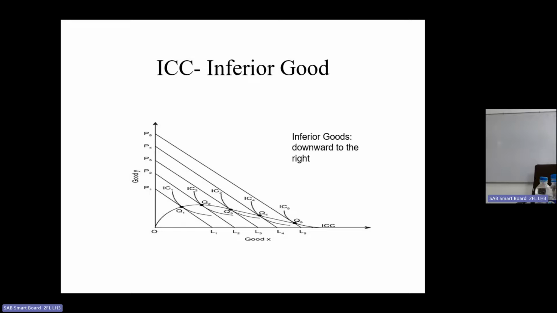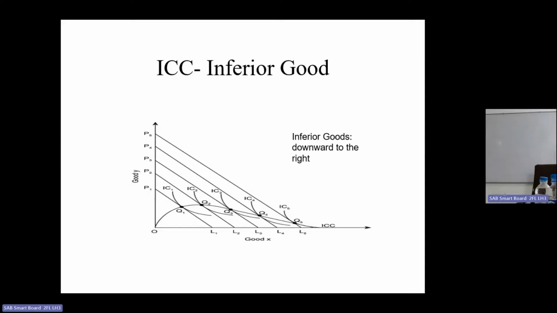When the income level increases, does demand for good X increase or decrease? Demand for product X increases, and demand for product Y decreases with rising income. So that is the downward sloping ICC.